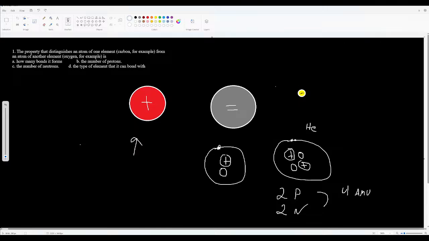Okay, sorry. Yeah, the mass of an electron is 1.008% of the mass of a proton, which is tiny, tiny, tiny.